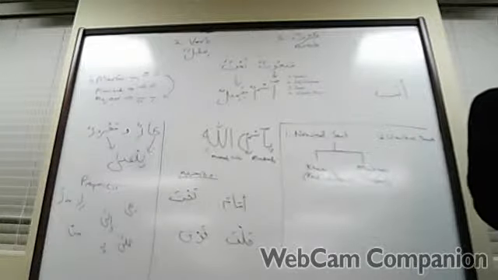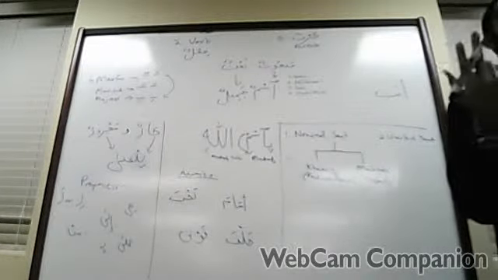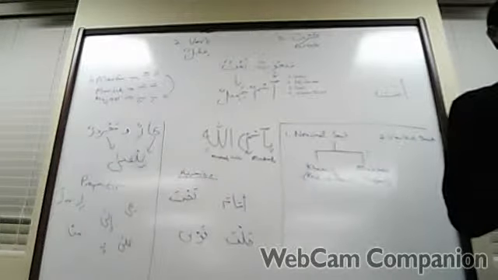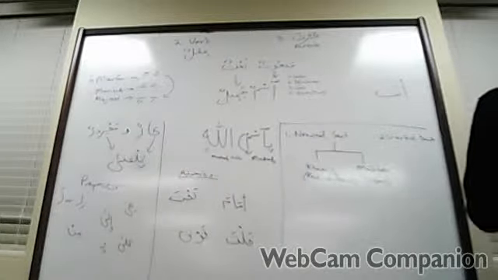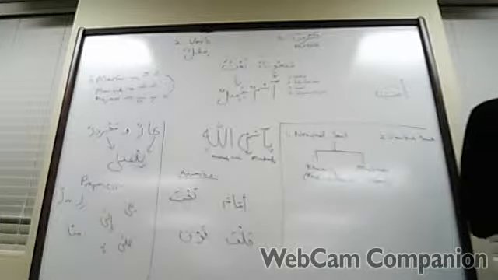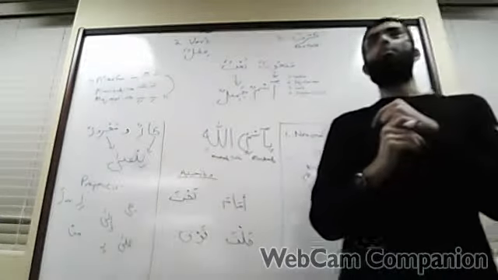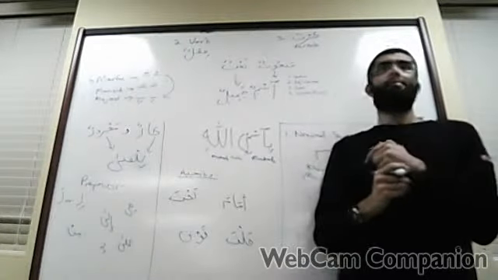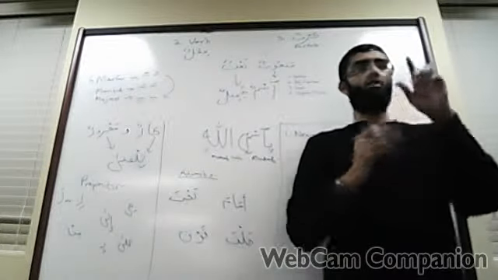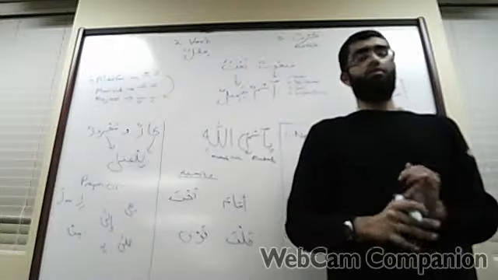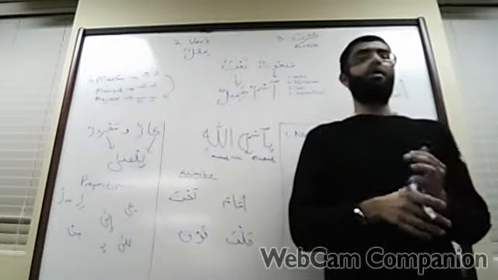Two of you. And it's the same, and it doesn't matter if you're referring to two men or two women. What's hiya? She, single woman. What's hum? A group of men, okay? Or a mix of men and women.